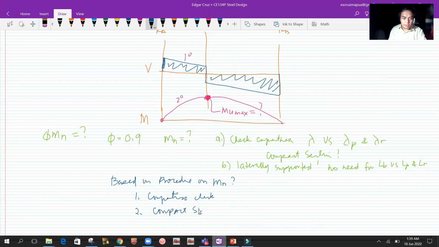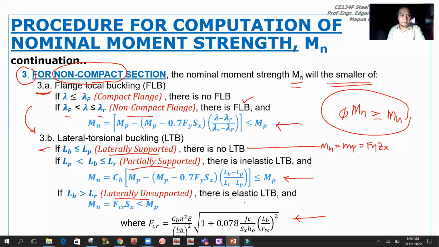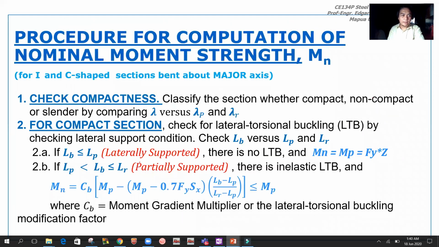So, a compact section naman siya. Tapos yung 2A is lateral supported. Tama ba? Okay. Balikan ko para makita nyo. Ito yung step, diba? So, ayun dito siya magfo-fall under sa 2A. Compact section, tapos lateral supported.